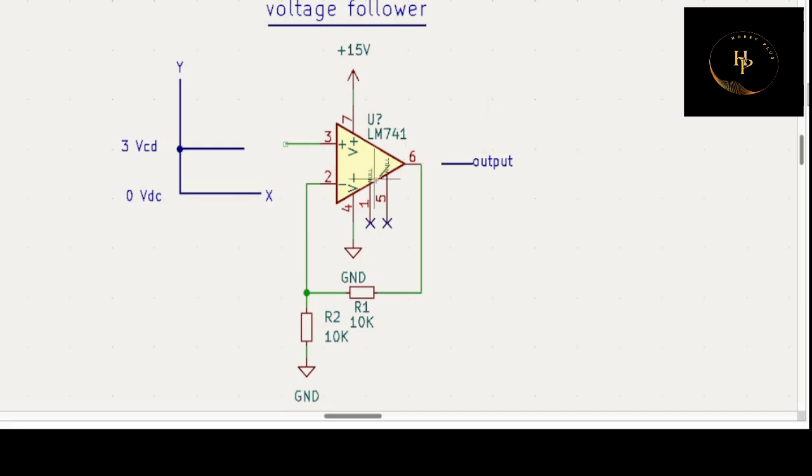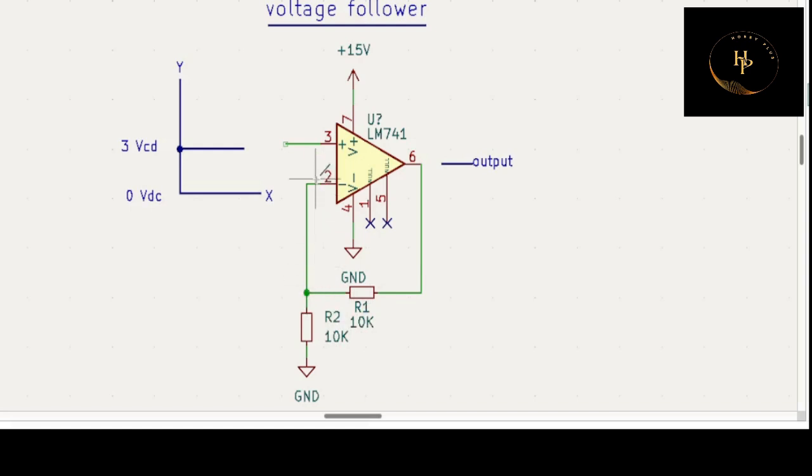I put here 3 volt, I make a resistance network here. So this pin, with respect to pin number 3, the invert input, makes 3 volt, but this value is 10k, this value is also 10k, so we get here 1.5 volt.